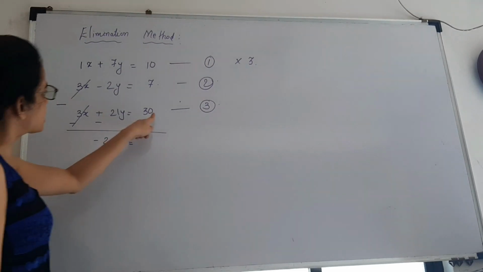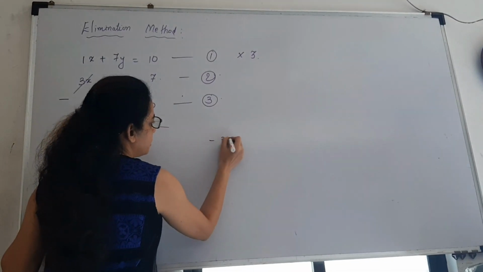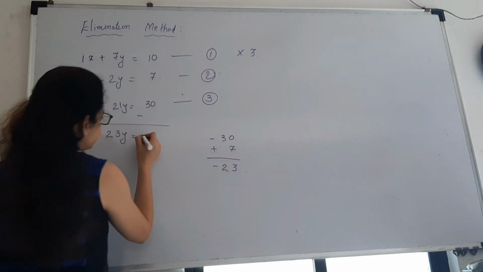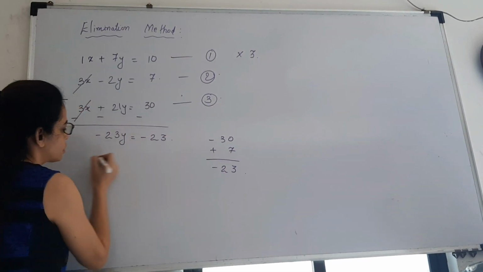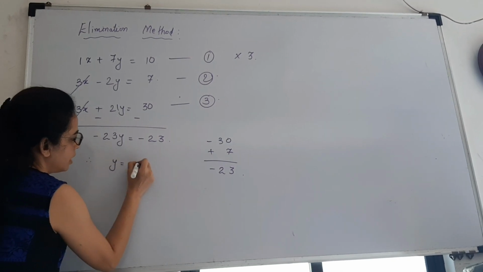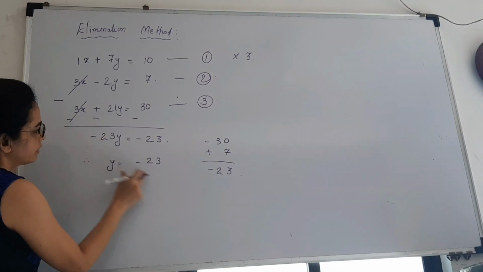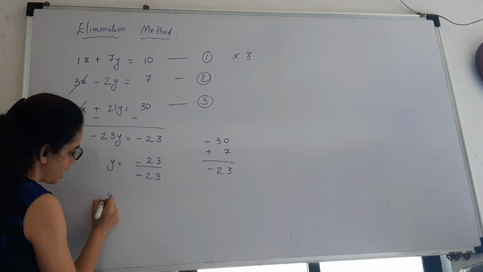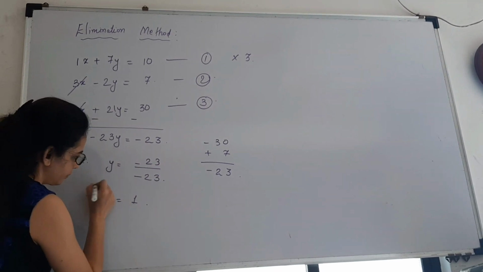And what is it? Minus 30 plus 7, which is minus 23. Right? So minus 23y is equal to minus 23. This thing will come down. So y is equal to 1.